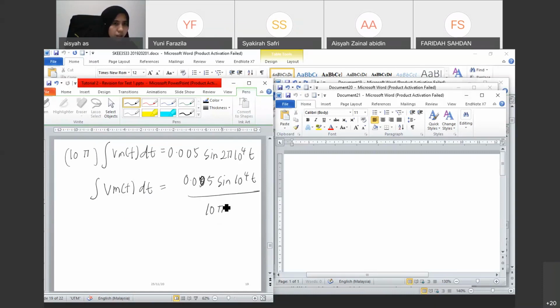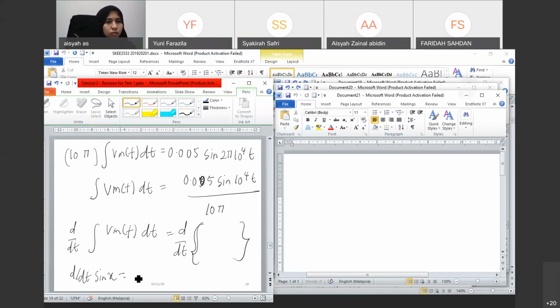And then for this one, to get VMT, we need to differentiate both. So VMT equal to d over dt of all of this. This is sine, and the differentiation of sine x equal to cos x.